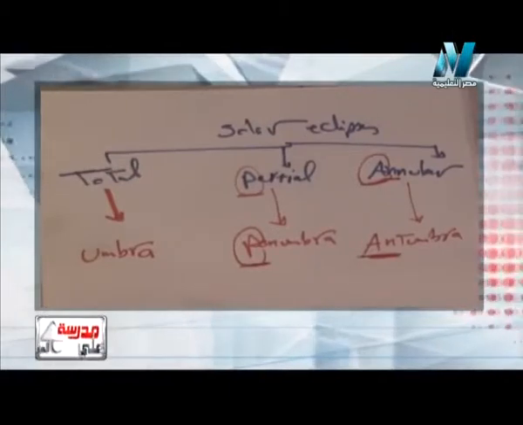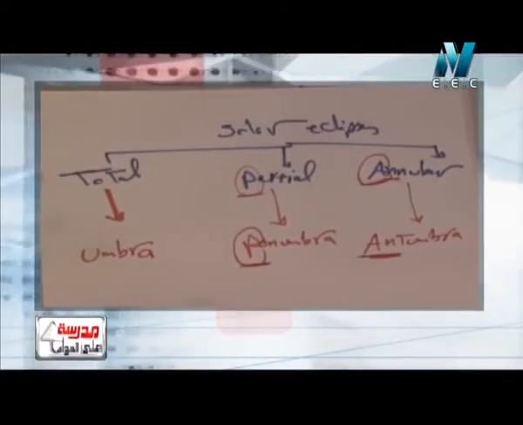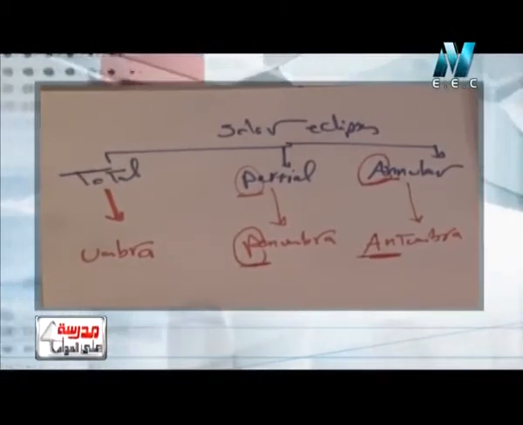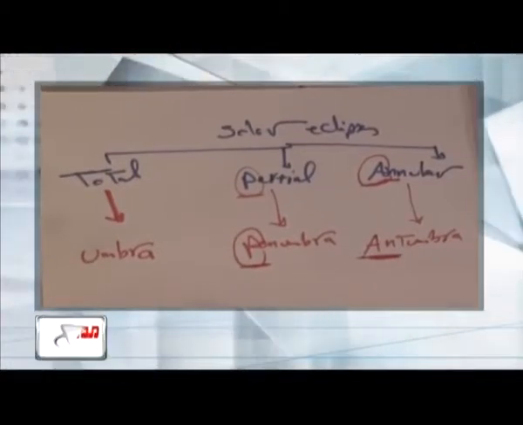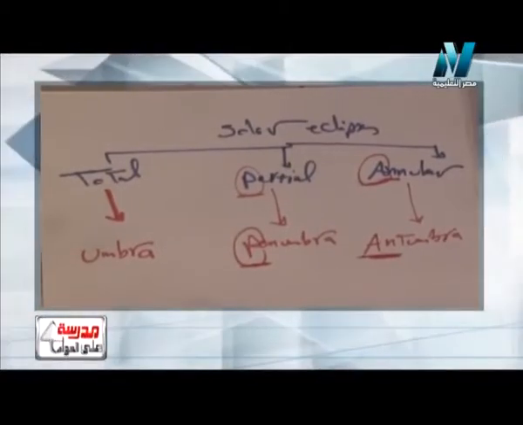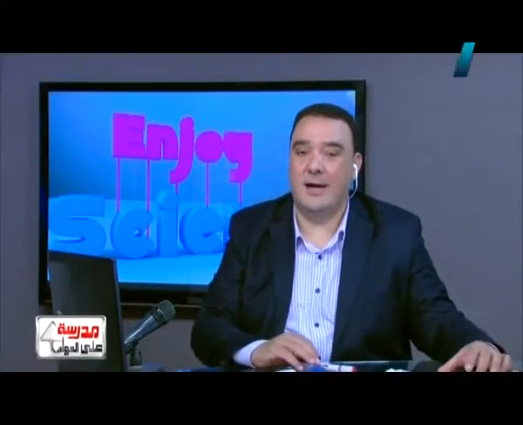So we must take care of this relation between the letters and the type of eclipse. Total eclipse occurs in the area of umbra, partial eclipse occurs in the area of penumbra, and at last the annular eclipse occurs in the area of antumbra.